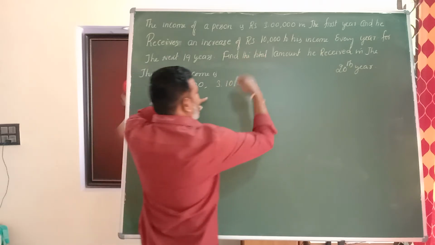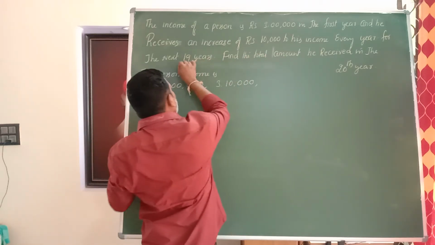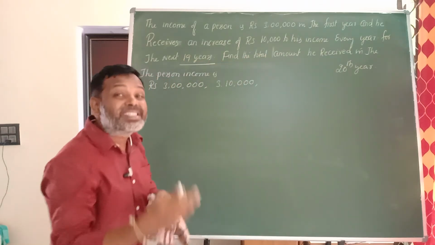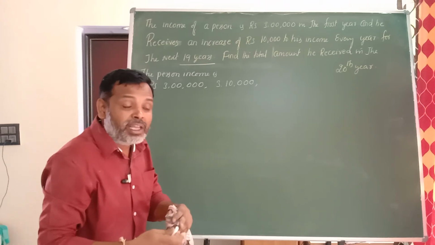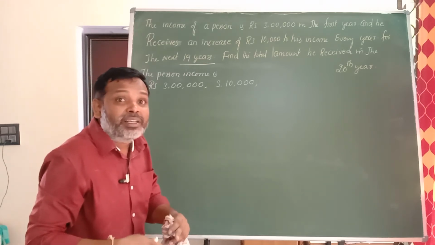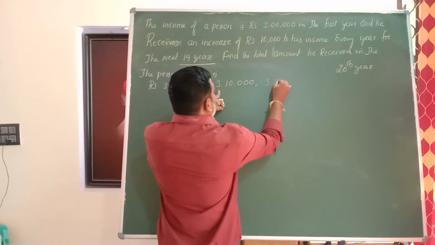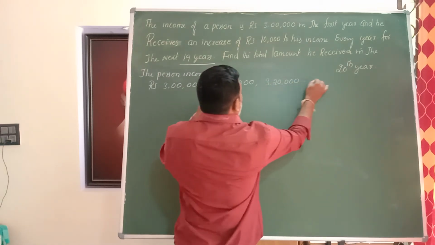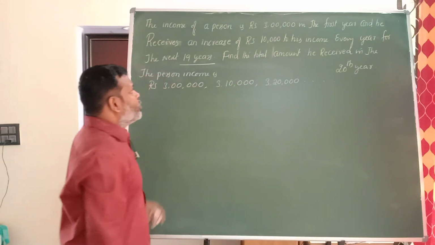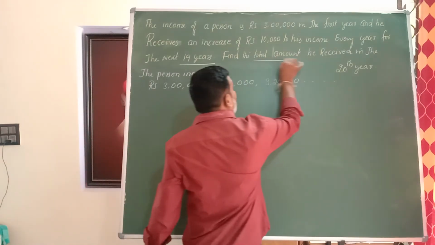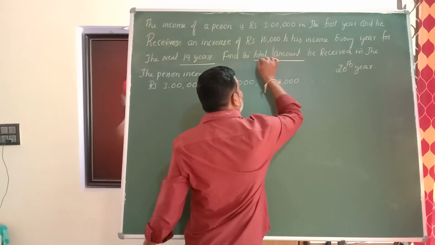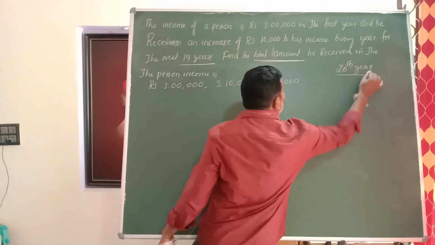And for the whole next 19 years, every year his salary increases by 10,000. So 3 lakh 10,000, 3 lakh 20,000, and so on. Now we wish to find the total amount, which is the sum he received in 20 years.